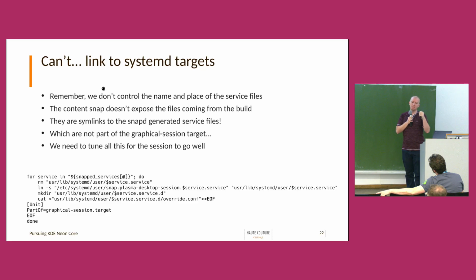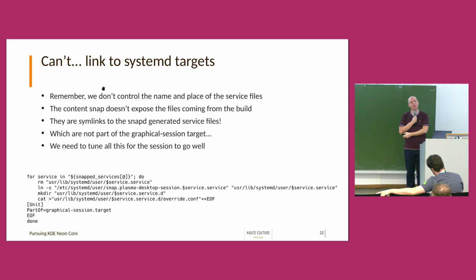But they don't map to anything else on the snapd side, because they're all generated with snapd, some ID, and so on, right? So we can predict those, but we cannot provide them because they will be created at runtime by snapd.